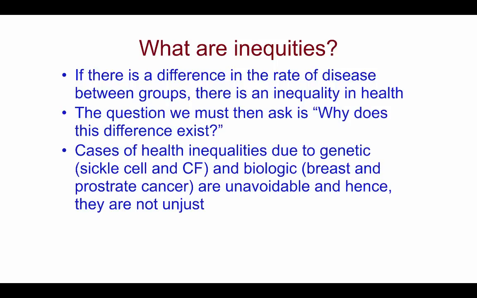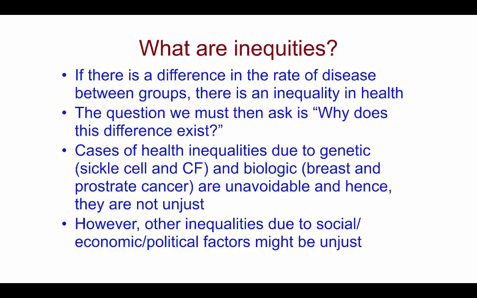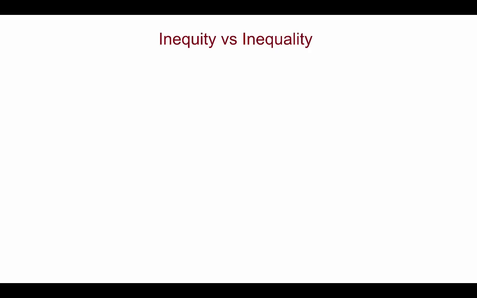Cases of health inequalities due to genetic differences, such as sickle cell and cystic fibrosis, and biological differences, such as what we see in breast cancer in women and prostate cancer in men, are unavoidable, and hence such differences are not unjust. However, other inequalities due to social, economic, political factors might be unjust.